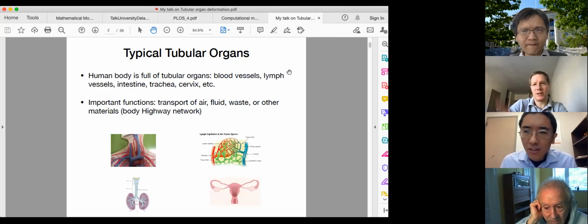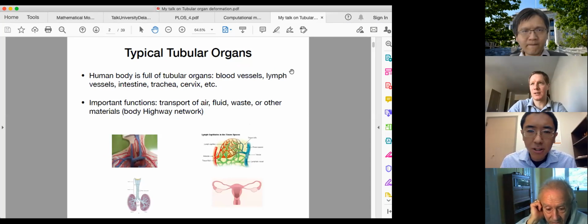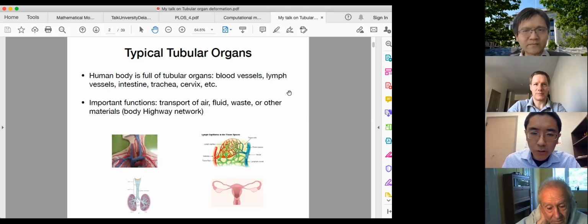The easiest way is to just share the whole screen rather than one application. Now you can see me move the slide, right? We see the second slide, which is typical tubular organs.